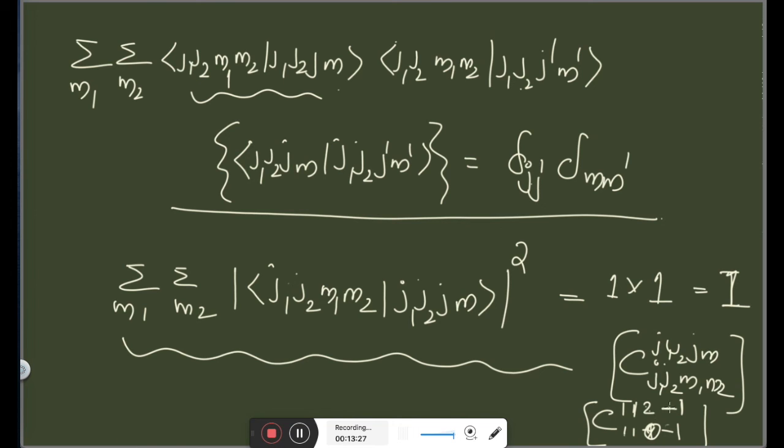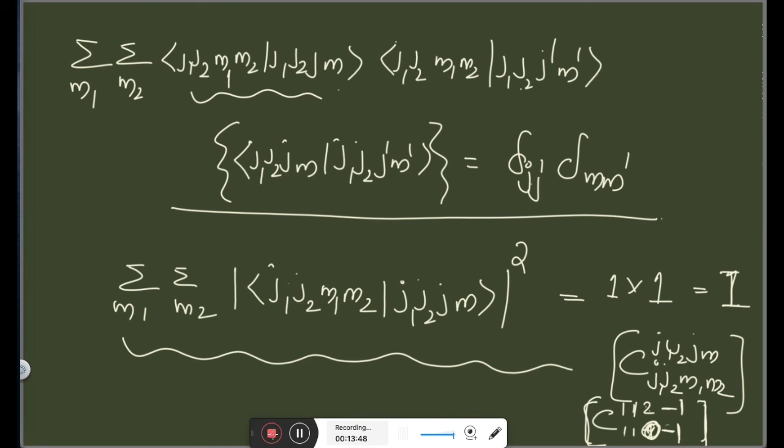Now, m is -1, so m1 plus m2 has to be -1, otherwise it doesn't exist. If I take m2 to be -1, then m1 has to be 0. So this is one CG coefficient that obeys the selection rule to be non-zero.